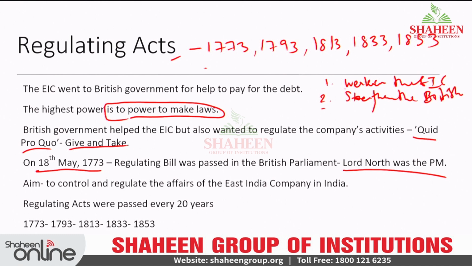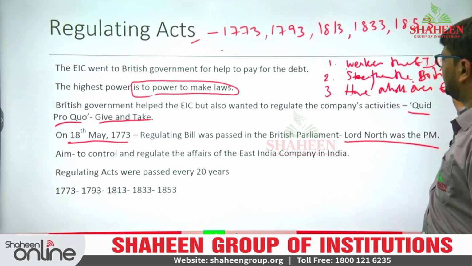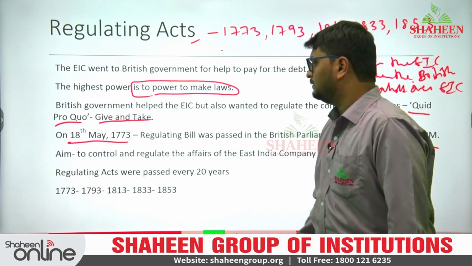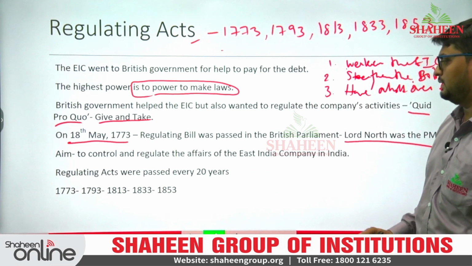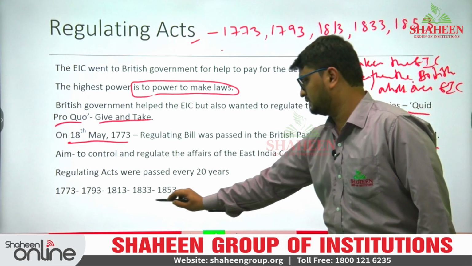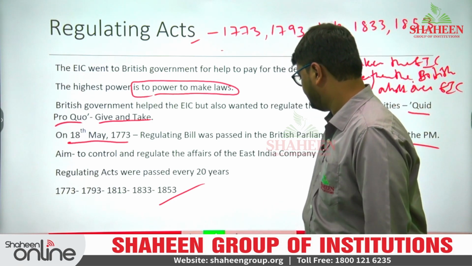And then to have a hold over the East India Company. So the aim is to control and regulate the affairs of the East India Company. Regulating acts were passed in these years you can see in the slide.